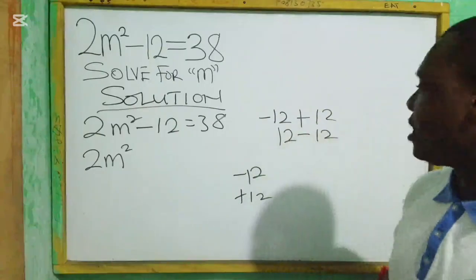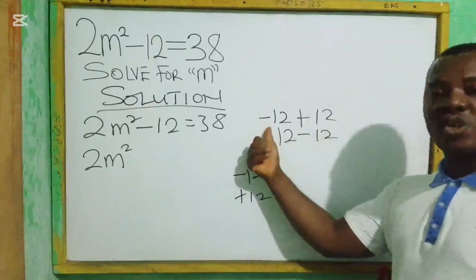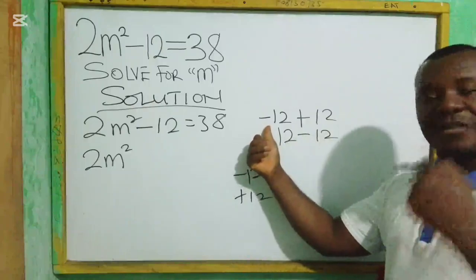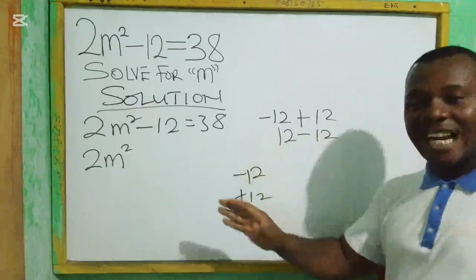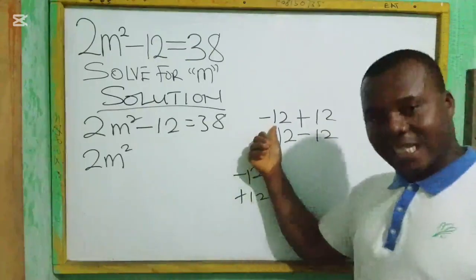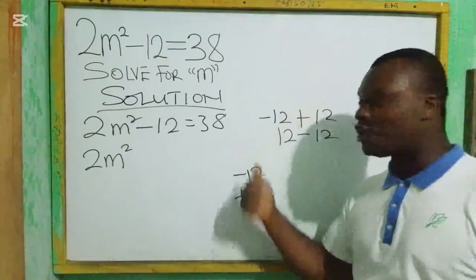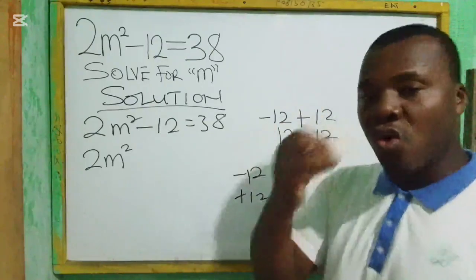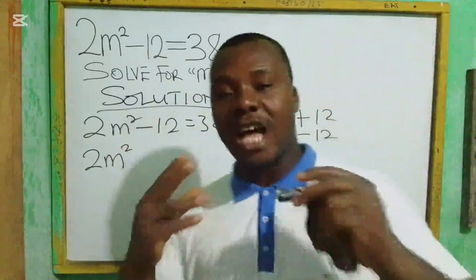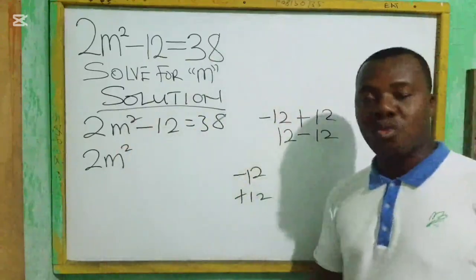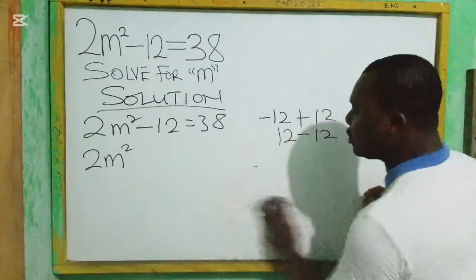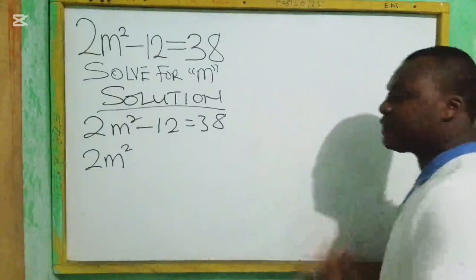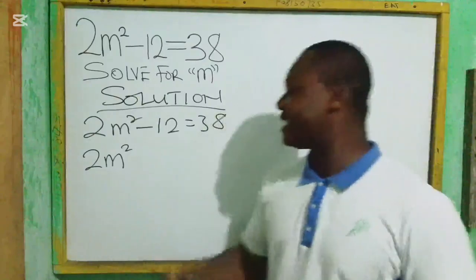Because here is a negative 12, that means there is nothing. You are having nothing, and then you owe something, 12, and you are paying the same 12. So it's 0.